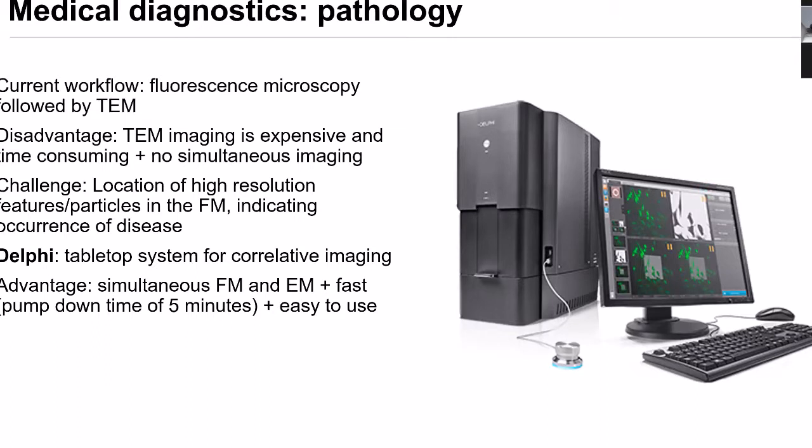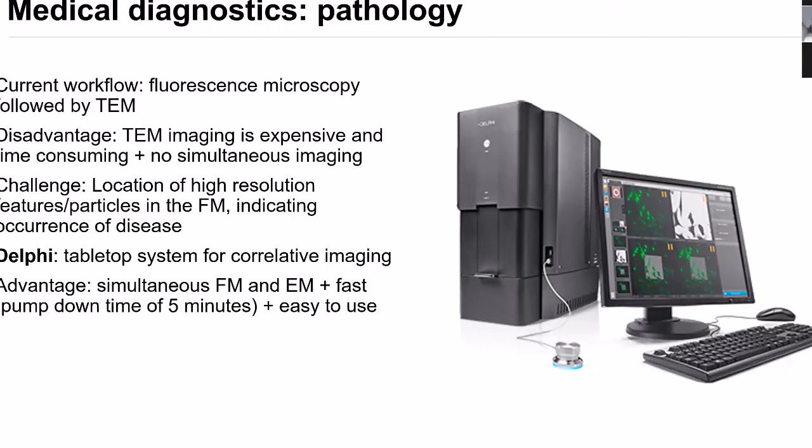So you can have a simultaneous fluorescence and electron image after a pump down time of just 5 minutes. And it's very nice because it's easy to use, it's very user-friendly, it doesn't require experienced or highly trained users. So for applications in hospitals where they need to go through patient samples rapidly, you need to have a system which is fast and reliable, which is what the DELPHI can do.